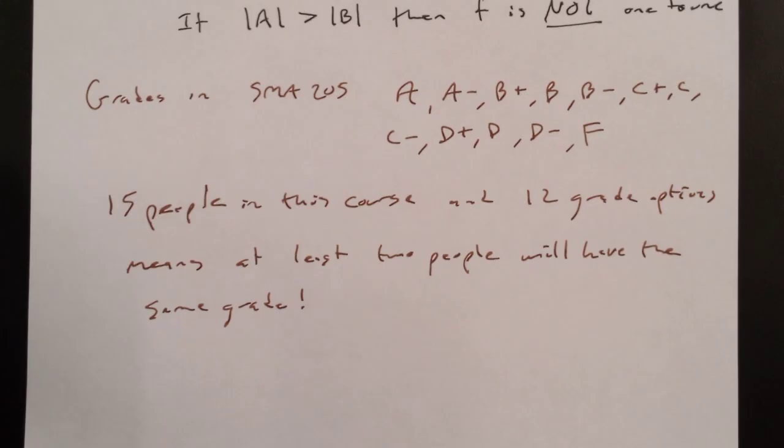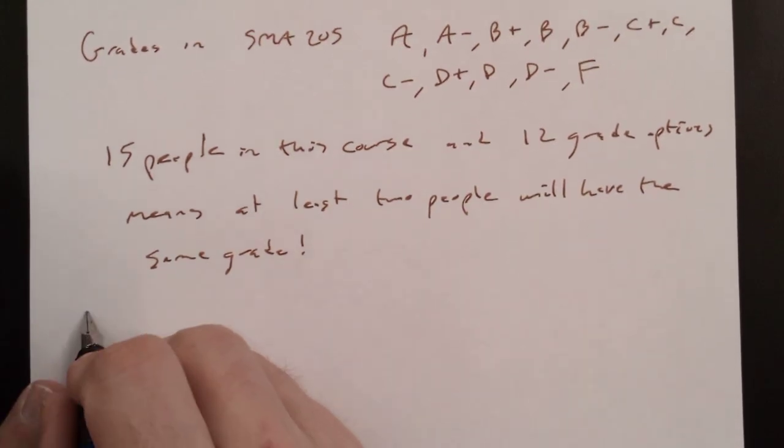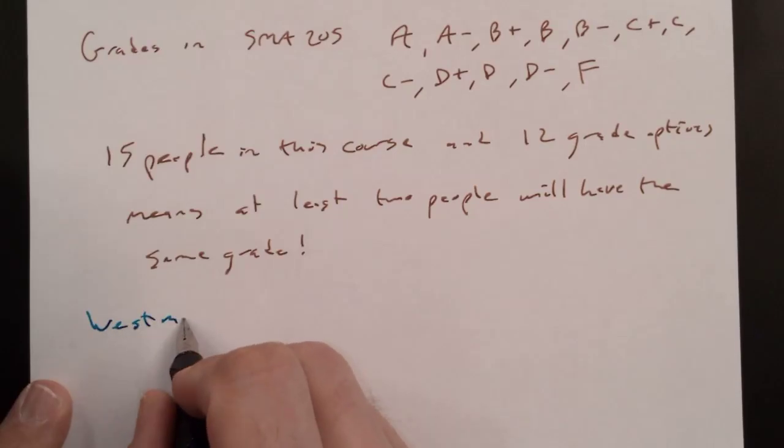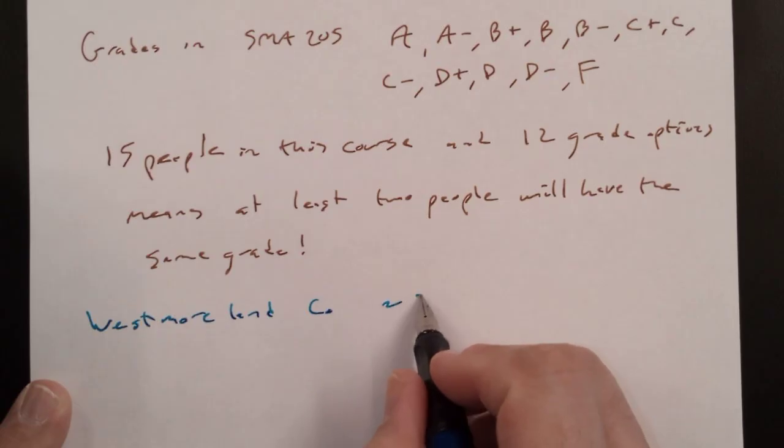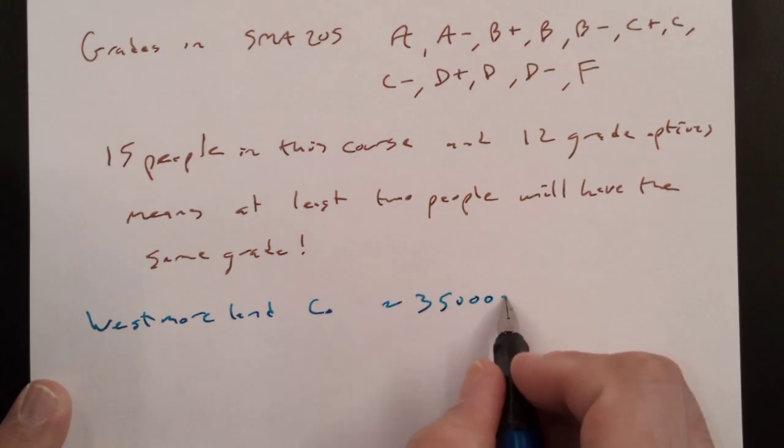I need 2 numbers. Westmoreland County is 352,000 to 353,000. So I'm going with approximately 350,000.